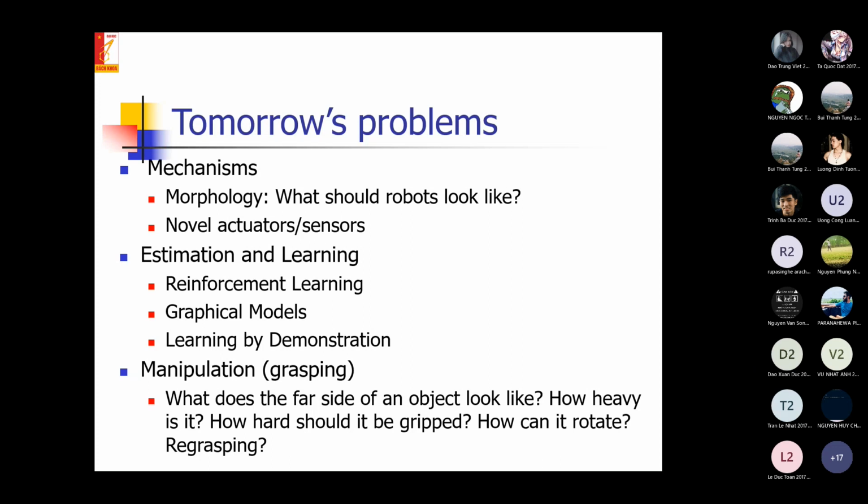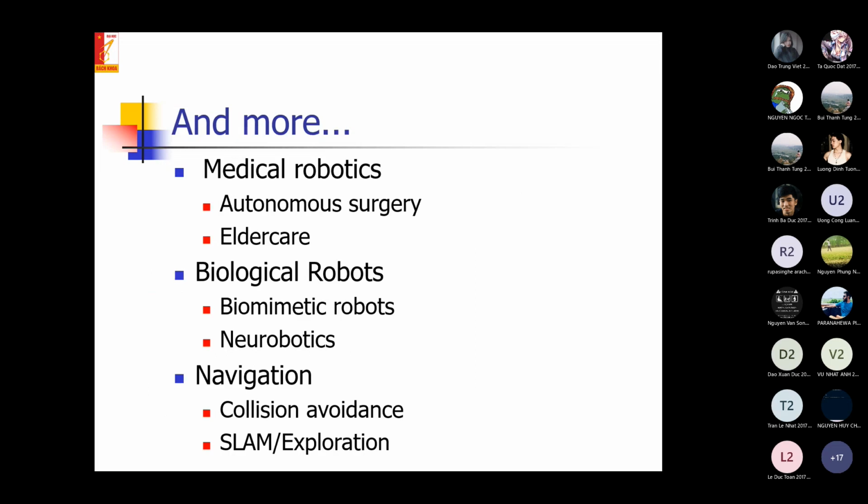And some kind of specific application, for example, medical robotics, and maybe it will be developed more in the future with autonomous surgeries. And elder care is also a potential direction for the medical field.